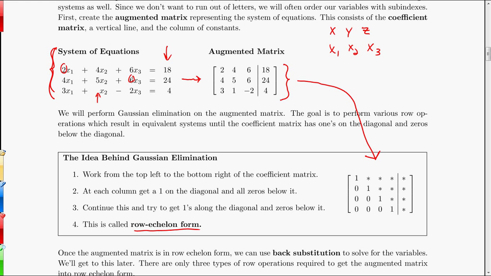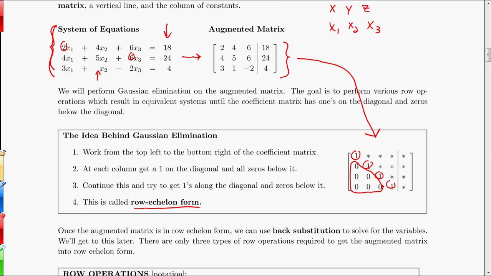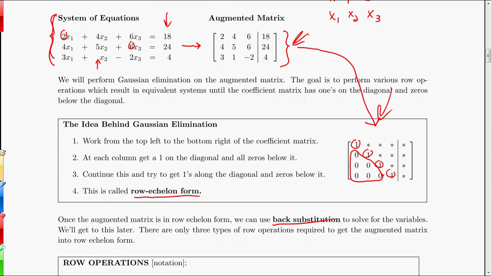And the key thing to notice is that I have 1s along the diagonal of the coefficient portion of the augmented matrix and 0s below that diagonal, right? And we're going to do this with a sequence of row operations. So we're going to start here, and we're going to end up there, hopefully, if we can do it, right? And then afterwards, we'll be able to use a process called back substitution to solve for the variables.